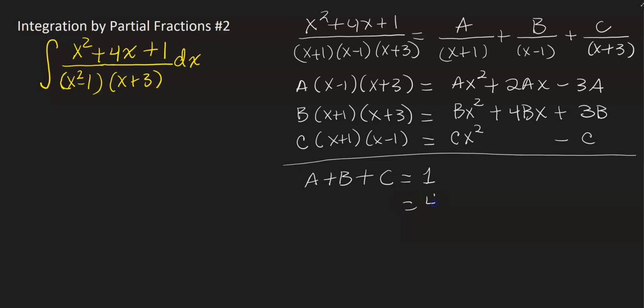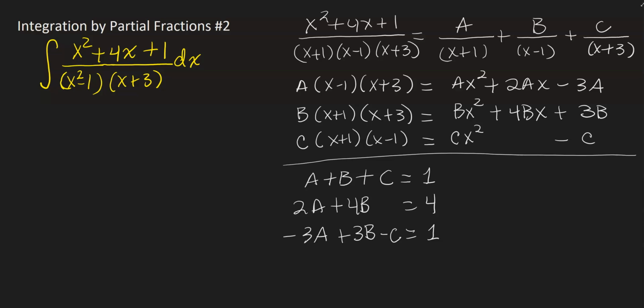So what equals 4? 2A plus 4B is equal to 4, and then the constant is 1. So what equals 1? Negative 3A plus 3B minus C is equal to 1.